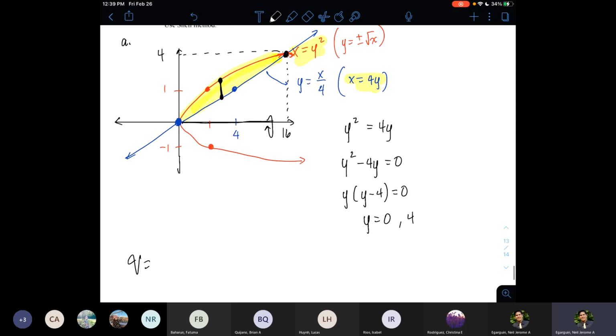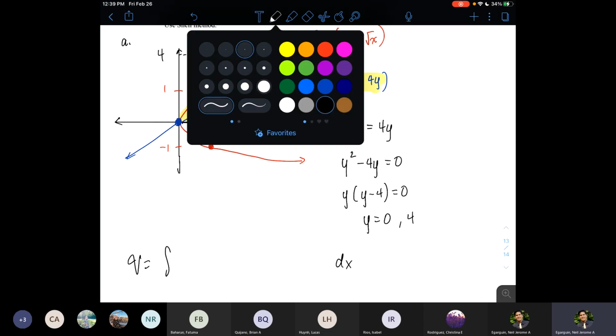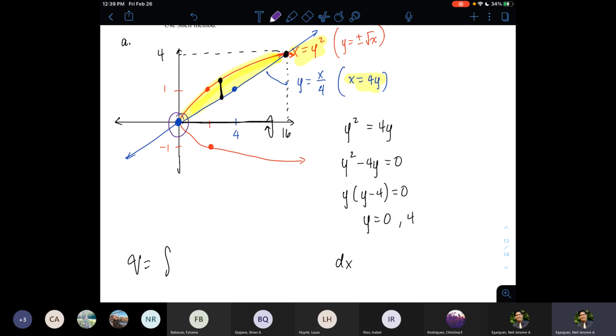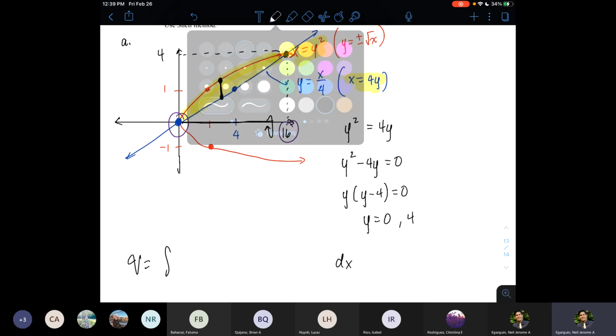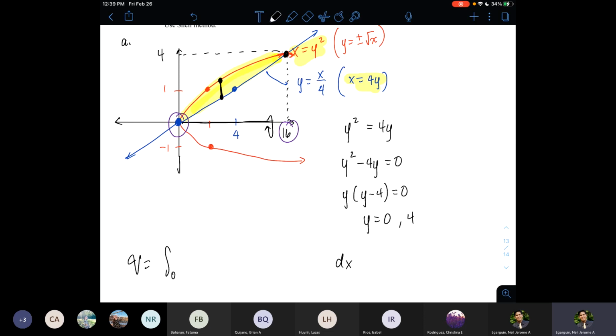Since we are using vertical strips, the integral will be an integral in x, right? Vertical always goes with x, horizontal always goes with y, okay? And then what are the bounds for x? Look at the x values where the region started and ended. It started at x equals 0 and ended at x equals 16. So the bounds here will be from 0 until 16.